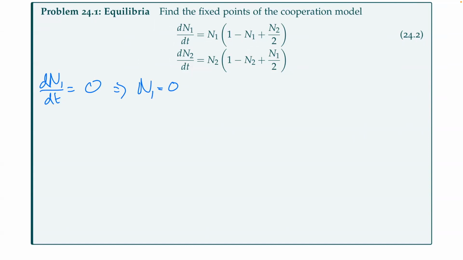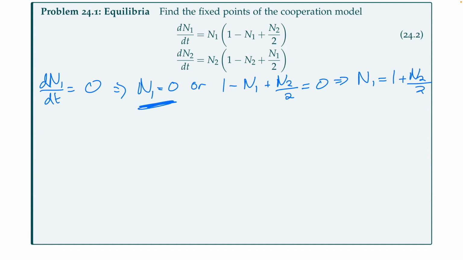So you either need N1 to equal 0 or 1 minus N1 plus N2 over 2 to equal 0. We can rearrange this for N1: N1 is equal to 1 plus N2 over 2. So we need either this or this condition to have dN1/dt equal to 0.